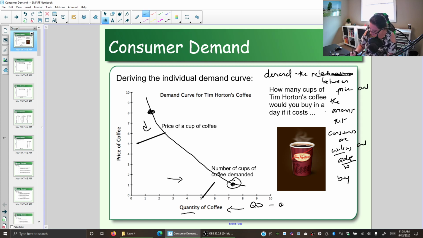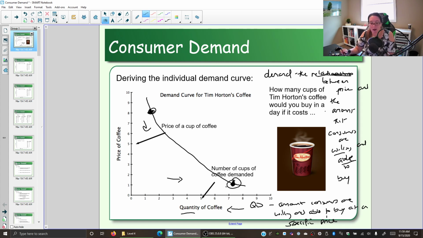Quantity demanded is the amount consumers are willing and able to buy, so based on preference and based on budget, at a specific price. So when you change the price, you change the amount that consumers are willing and able to buy. You change quantity demanded. Whereas demand is this overall relationship that shows at high prices, the quantity is low, and at low prices, the quantity is high. So let's dive into this in a little bit more detail.